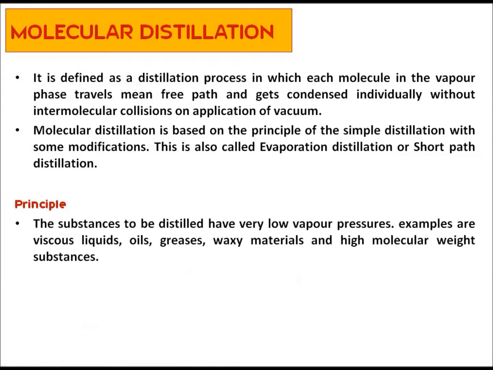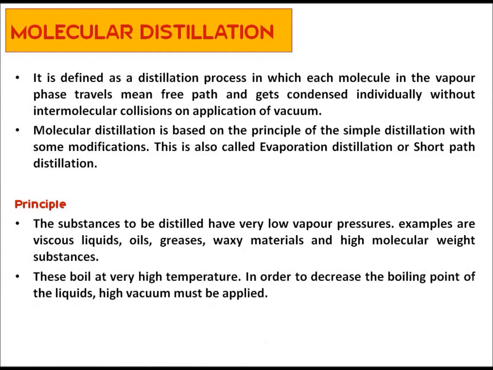Principle: the substances to be distilled using molecular distillation should have very low vapor pressure first of all. Examples are viscous liquids, oils, greases, waxy materials or high molecular weight substances, which are generally preferred to be distilled using the molecular distillation apparatus.